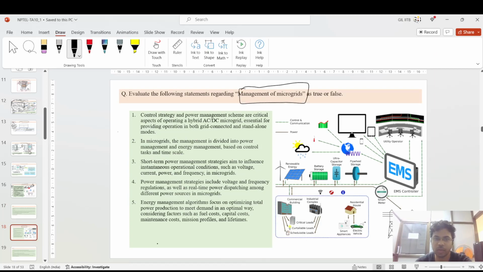And I have one more question related to the management of the microgrid. I am giving a few minutes to solve this question. Read this statement. There are 5 statements. You have to tell me which statements are correct related to the management of microgrids. Okay, Gautam, Raj. All 5 statements, actually 6 statements are true, Gautam. The 6th statement is also true.